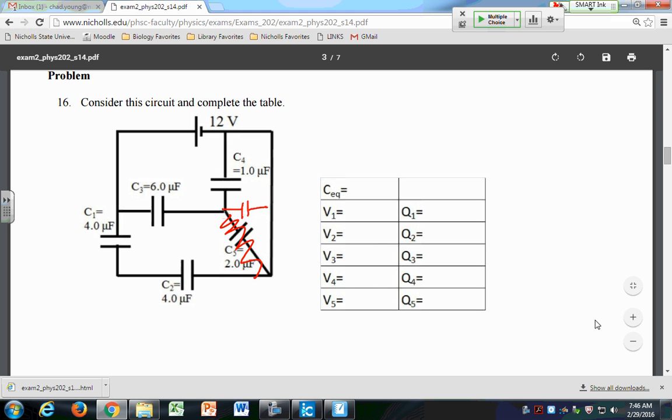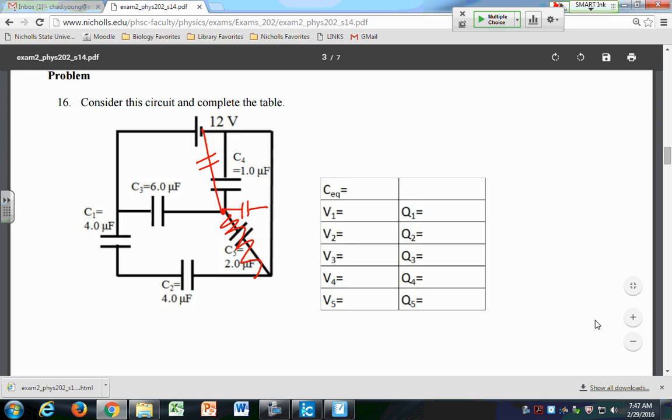I could draw it other ways too, right? I could draw it to look like this if I wanted, as long as I don't cross a junction or another device. So for example, I could not draw it where C5 is like this.